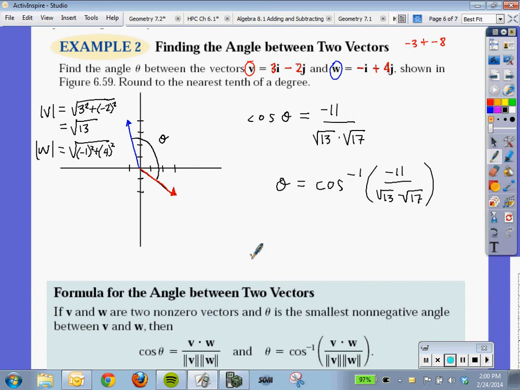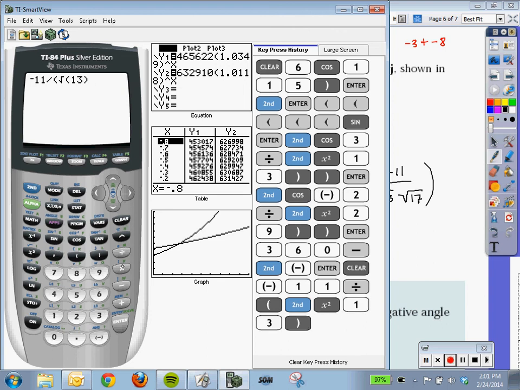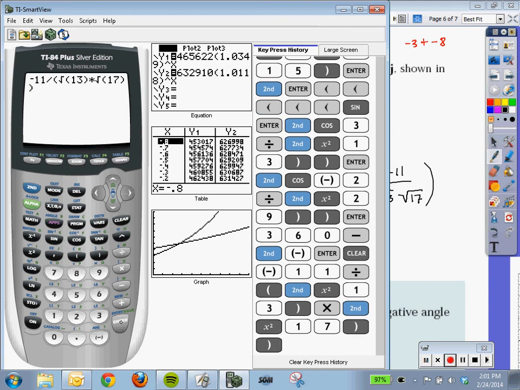You guys got to be careful when you're plugging this in the calculator. You could plug it in seemingly correct and then get it wrong. So let me show you how I do it. I take -11 and then open parentheses down below. We got the square root of 13 times the square root of 17. And then I press enter to give that ratio.